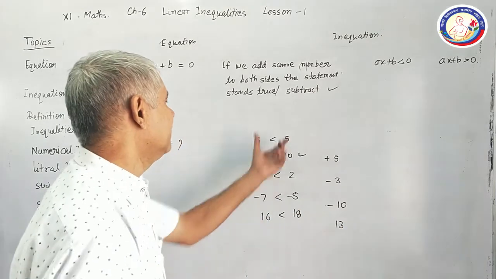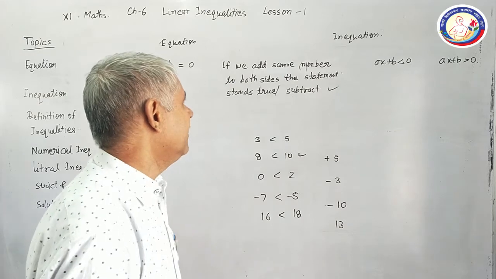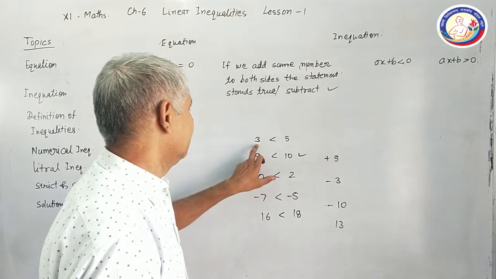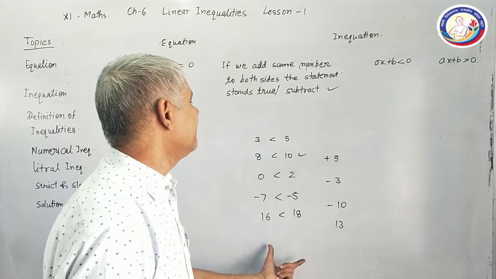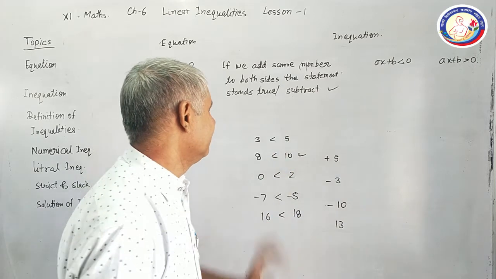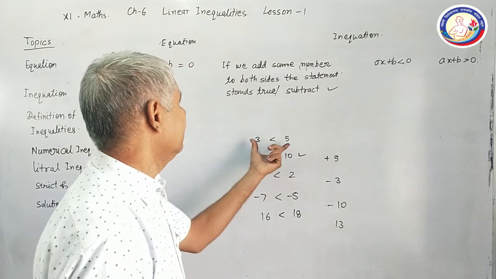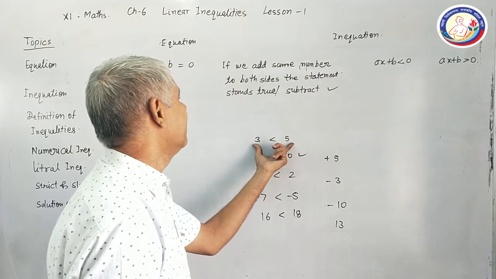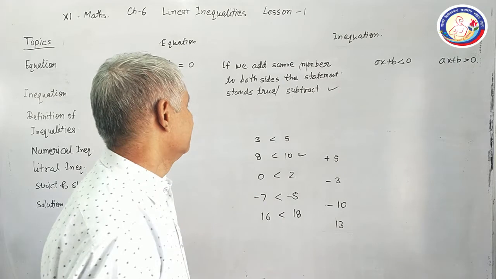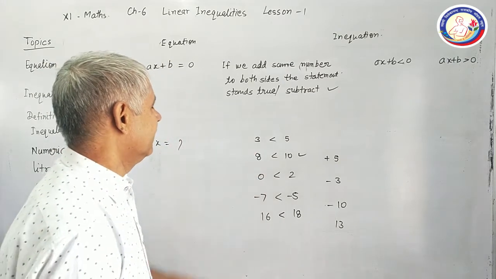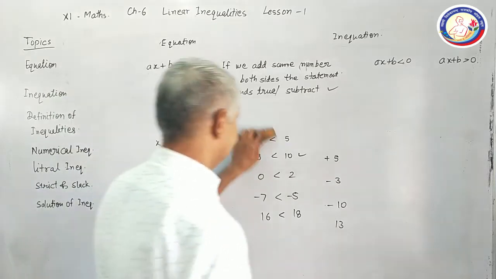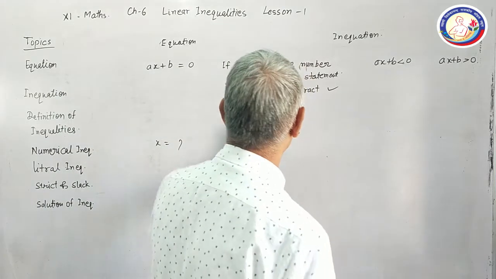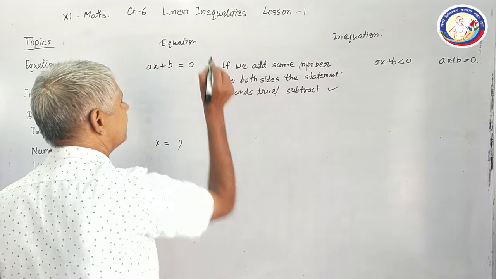In this way, we can understand that in an inequation with the less than symbol, if we add the same number, positive or negative, the statement is true again. So we are allowed to add or subtract any number to both sides or from both sides. This is the first rule, rule number 1.